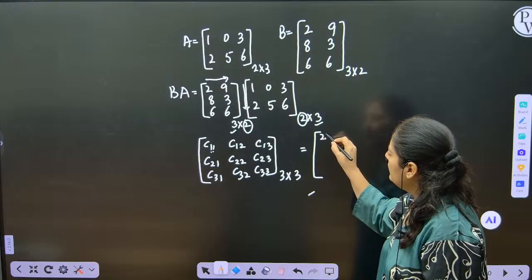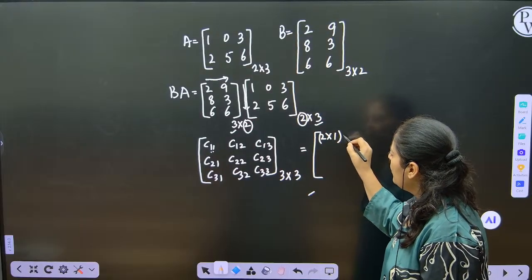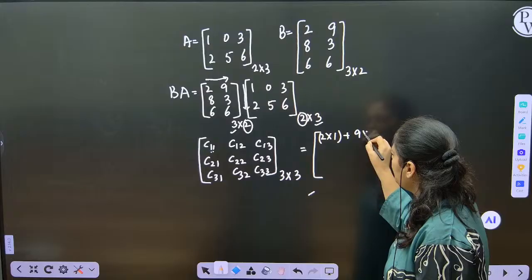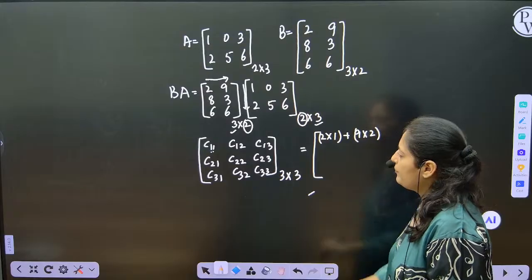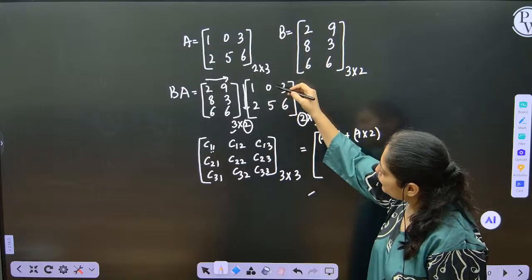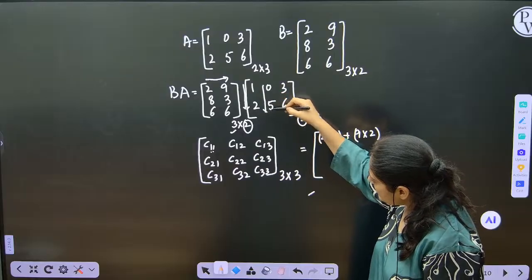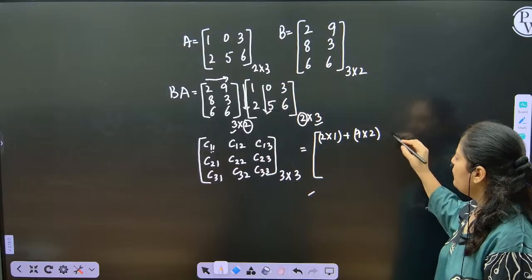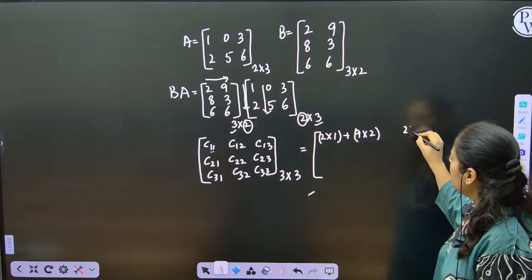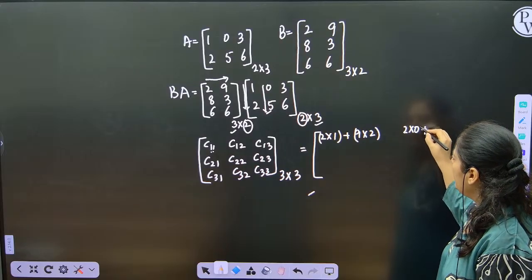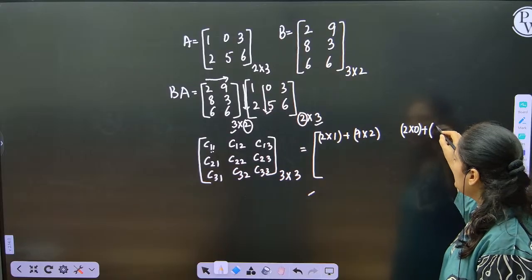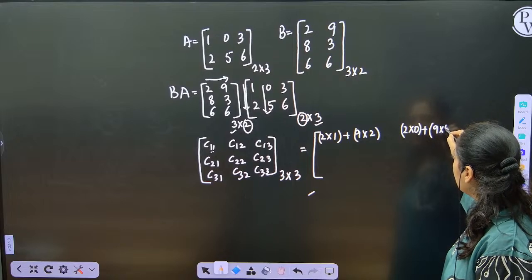Okay, we'll do 2 into 1 plus 9 into 2. Now first row will be multiplied with second column. First row: 2 into 0 plus 9 into 5.